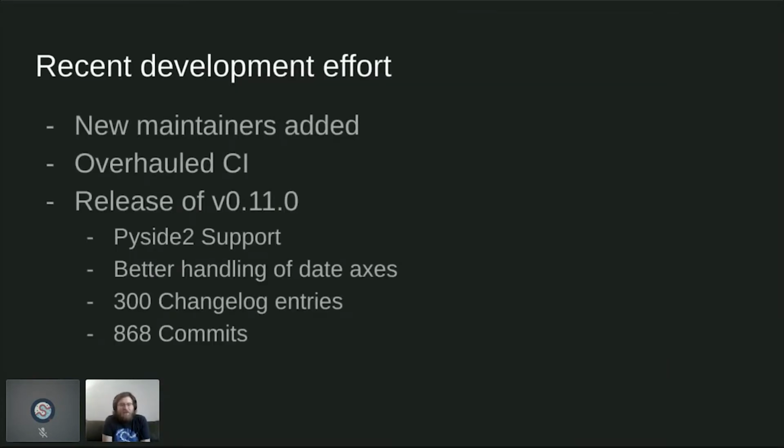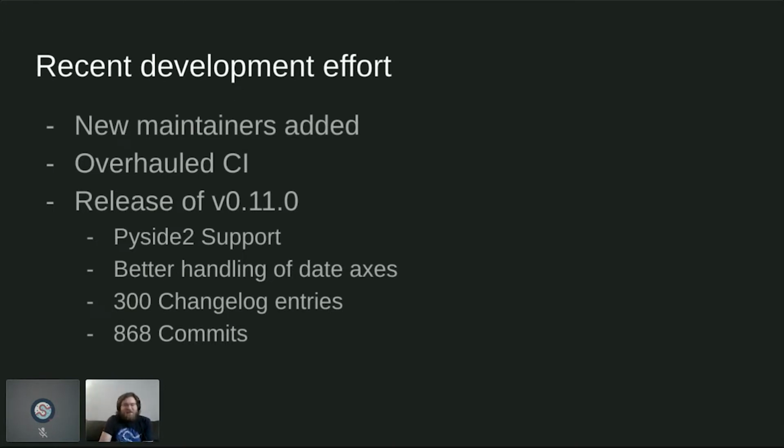I came on in the past year or so. We've completely overhauled our CI, and we just released version 0.11, which was about 3.5 or 4 years after 0.10. 0.11 brings PySide 2 support, as well as better handling of date axes. There were 300 changelog entries and over 800 commits.